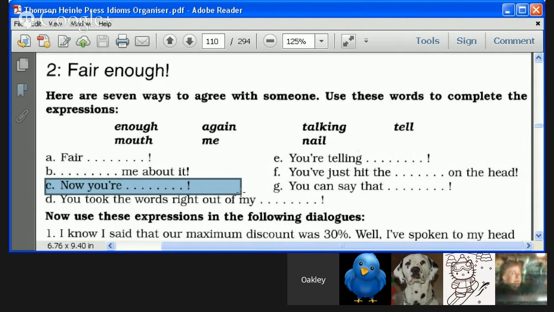Now you're talking, especially when somebody is speaking about an opinion which you share, or you have an idea or an opinion about how to solve a problem or something that needs to change. This is where someone would reply, now you're talking. Yeah, that's what we should do.